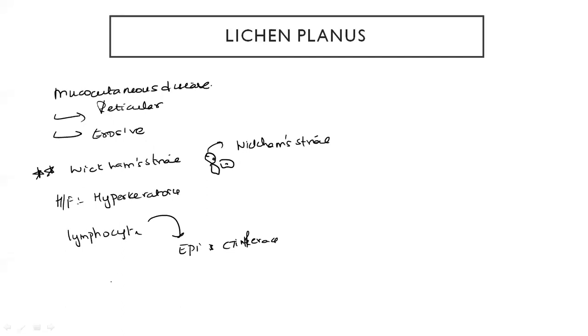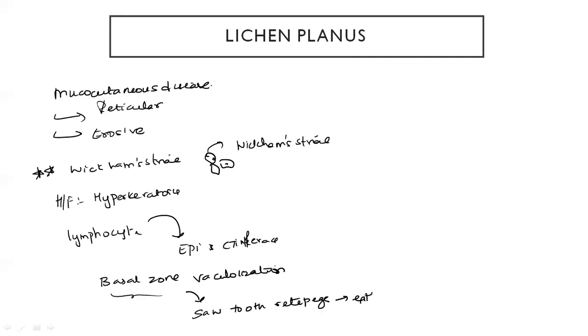Due to which there is basal zone vacuolization. And because of the destruction of this basal zone by T lymphocytes, you can see sawtooth-shaped rete pegs in the epithelium, which is a very important feature of lichen planus.